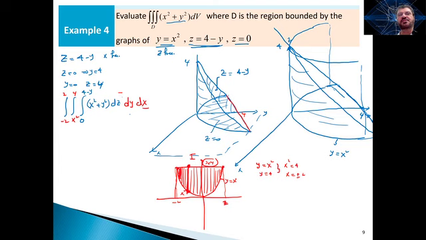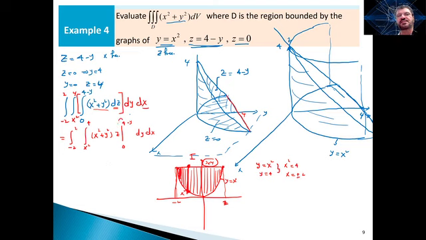Now we start the integration from inside. This is equal to the integral from negative 2 to 2, x squared to 4. Now, what's the integration of all of this? Nothing. This is all constant. So we only integrate dz. What's the integration of dz? Z. So x squared plus y squared are constants, then z from 0 to 4 minus y, then dy dx.